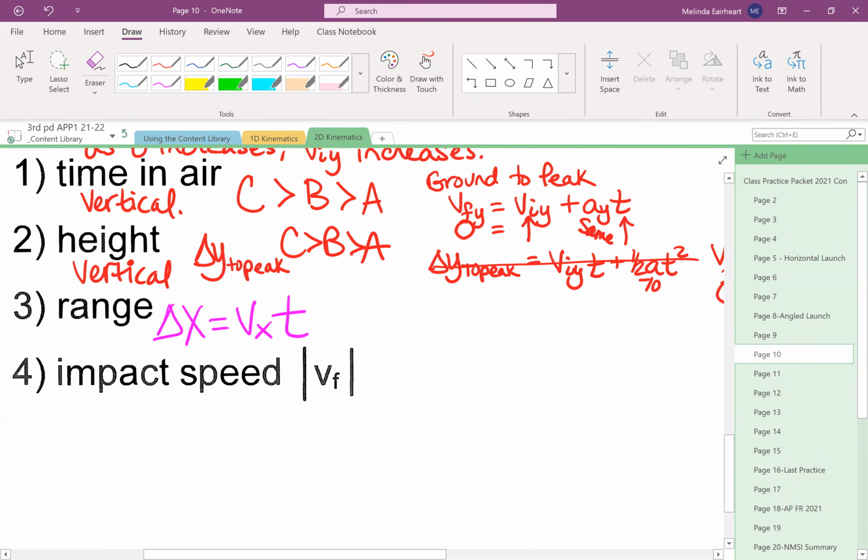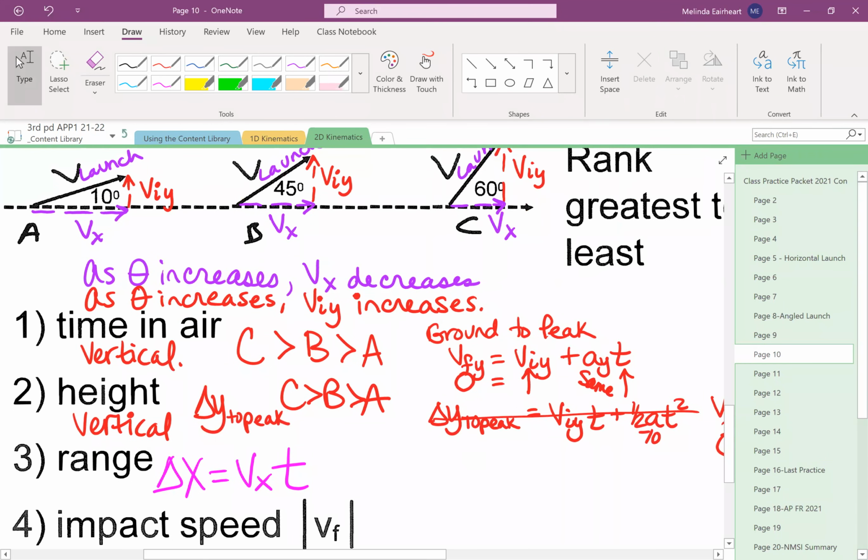Who has the greatest horizontal velocity? Look at our vector components up above. A has the greatest horizontal, because again, 10 degrees is closer to the horizontal. Who has the greatest time? C. Uh-oh. We got a conflict there, right? Kind of hard to determine.